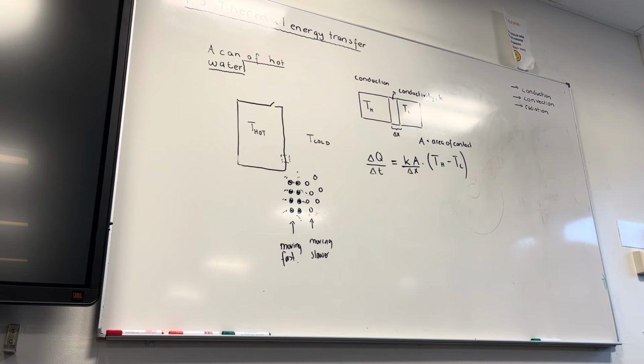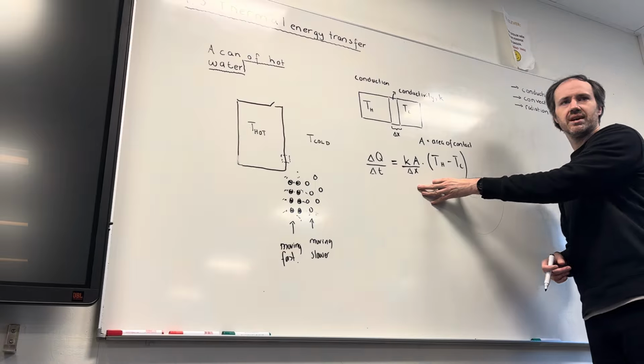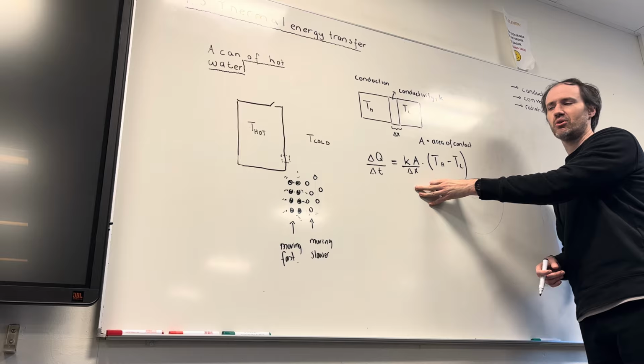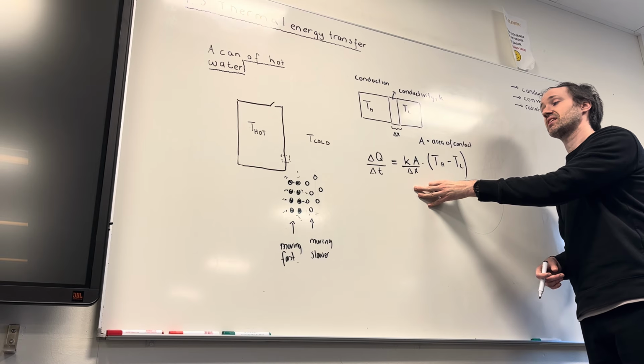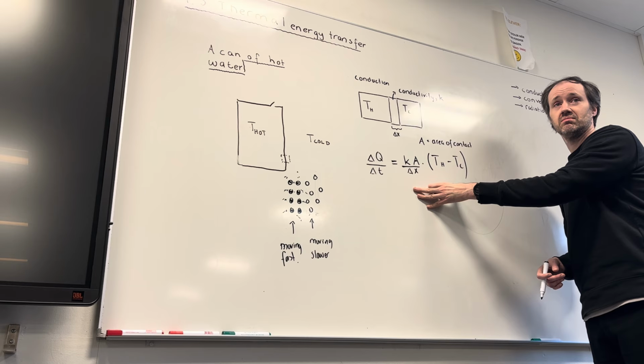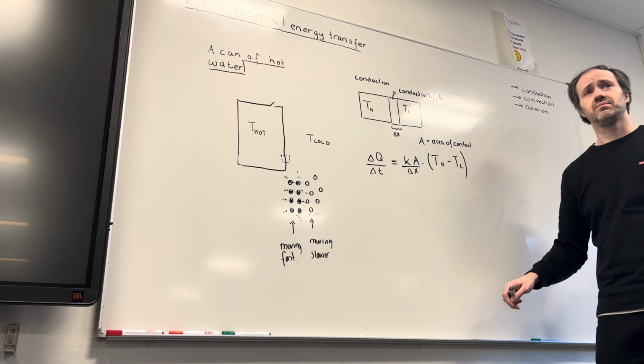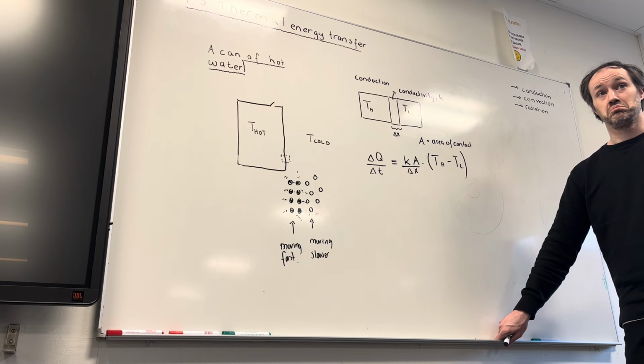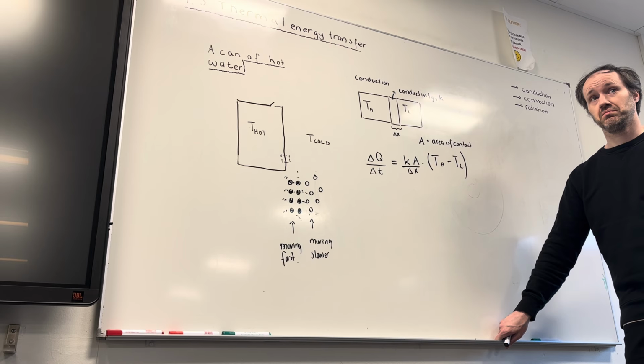Can anyone explain in words what this formula actually means? If you were to explain to non-physics students or other physics students that haven't seen this formula, what's on the right-hand side? What makes the thermal energy transfer per second increase? Isn't it if it's hotter, the particles move faster, so more energy would be transferred?